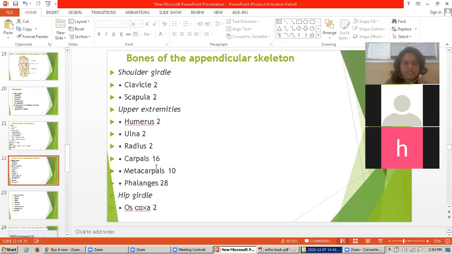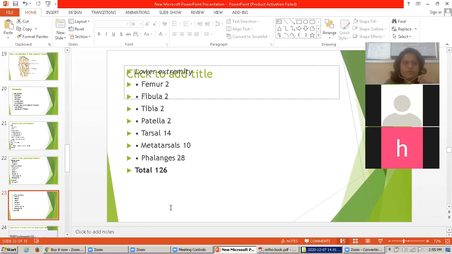Metacarpals are 10, that is 5 plus 5. Then phalanges are 28, and the hip girdle, the os coxa, is 2. In the lower extremity, the femur, fibula, tibia and patella all contain two bones, from the right and left side. And tarsals 14.